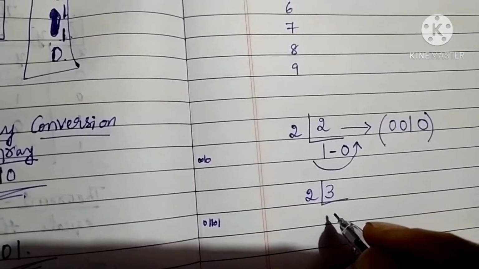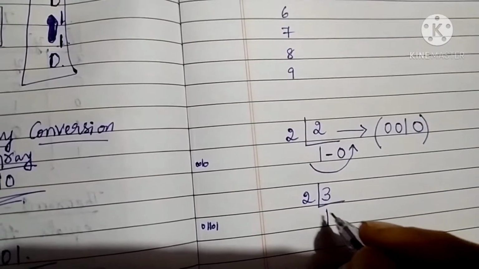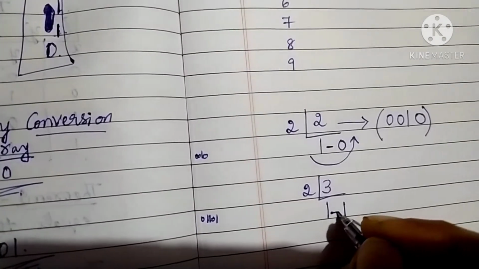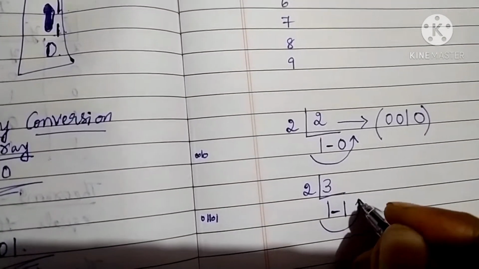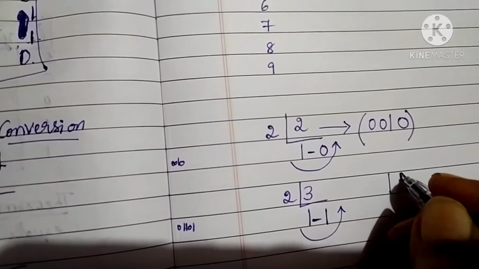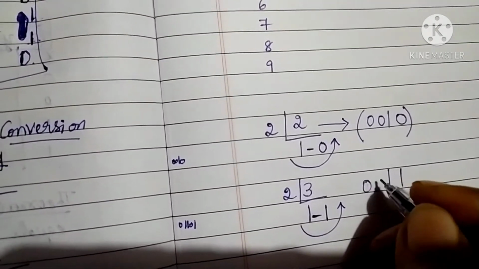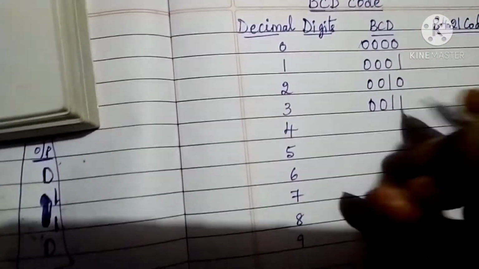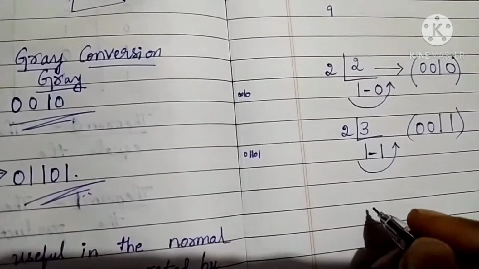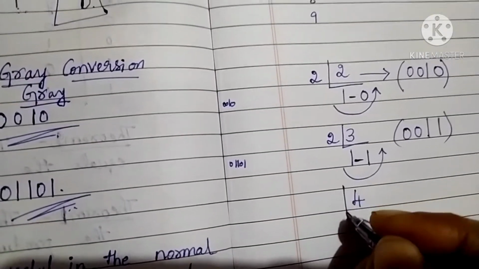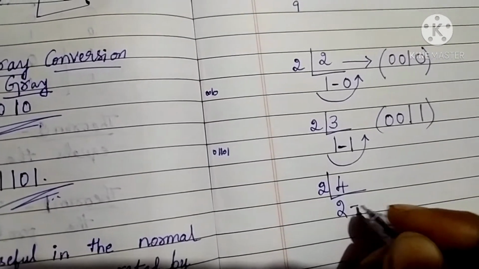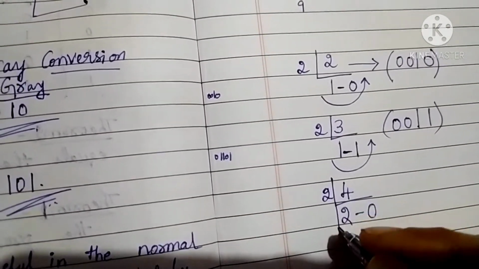Next, divide 3 by 2. 2 ones are 2, the remainder would be 1 here. If you take it in reverse order, 1 1, append zeros here. So 0011 would be the answer for this. Divide 4 by 2. 2 twos are 4, the remainder is going to be 0.